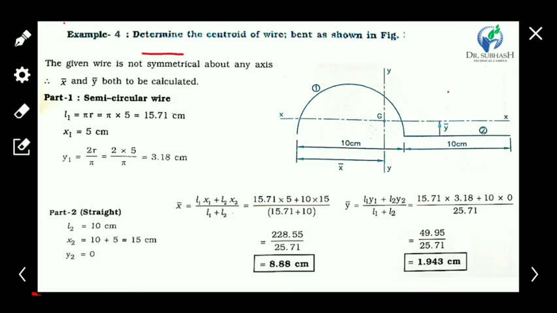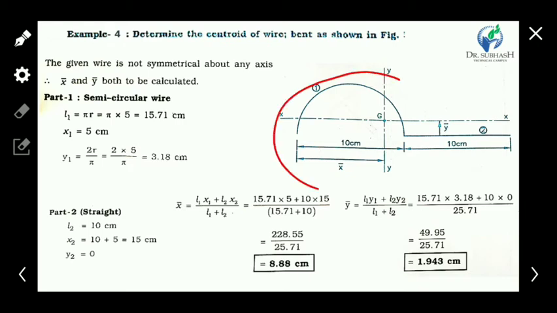Now determine the centroid of the wire bent as shown in the figure. Now we have to find the value of the centroid.